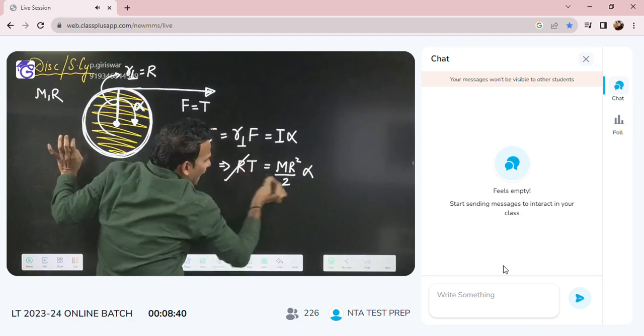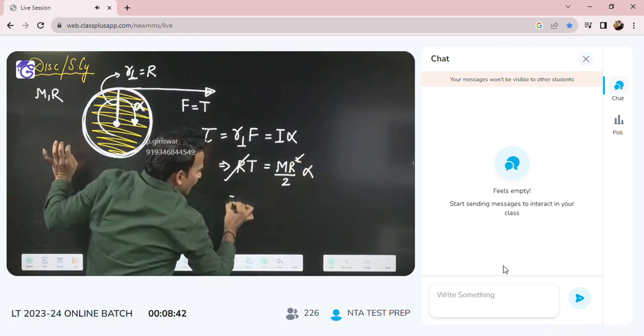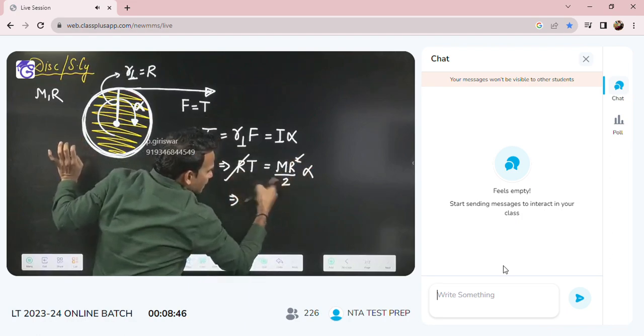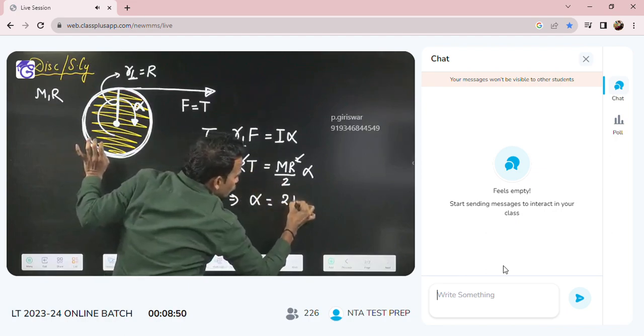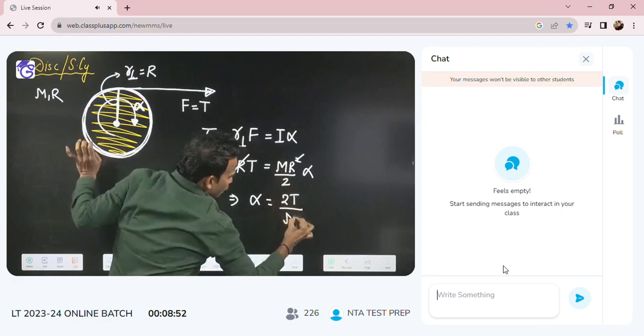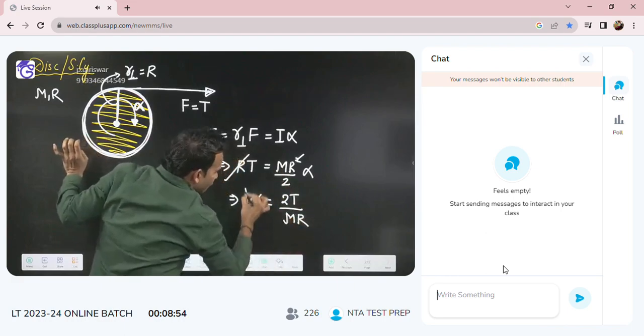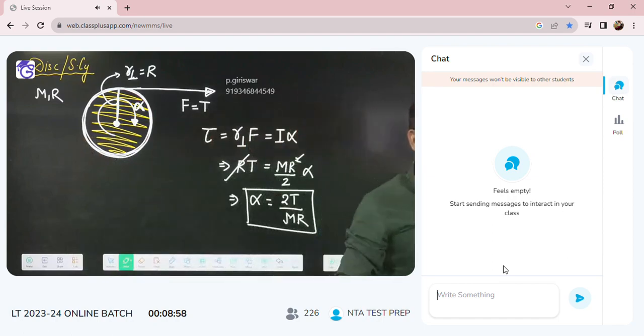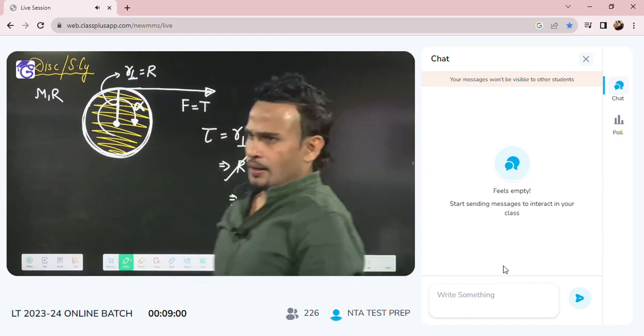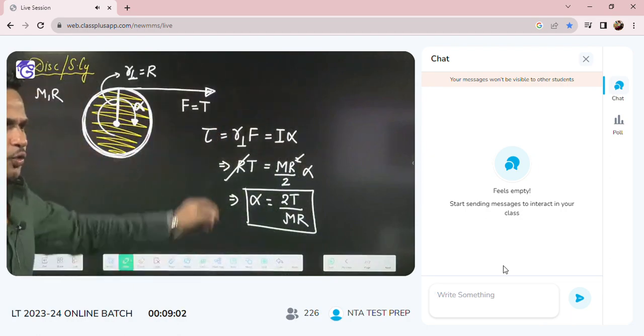Now R cancels, and you can calculate alpha. The 2 will come to the other side, so alpha will become 2T by m into r. This is the alpha of the disc. Is it okay? Alpha of the disc is 2T by mr.